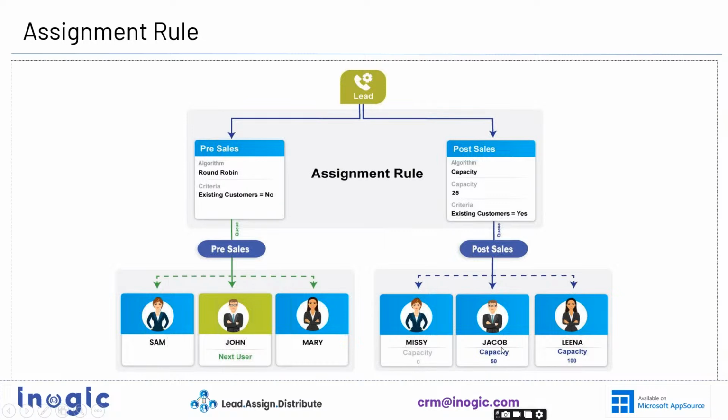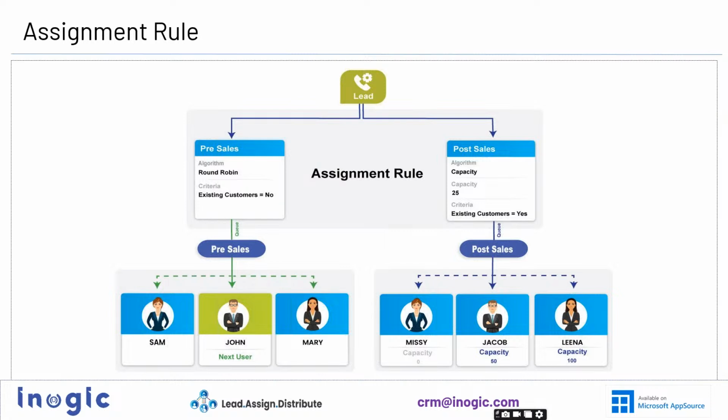The next one is Jacob, who has a capacity of 50. Now, if the lead is assigned to Jacob, then 25 units from his available capacity will be reduced, making his available capacity 25. The next lead would be assigned to Lena, who has the current capacity of 100. And once the lead is assigned, 25 units would again be reduced from her capacity as well.